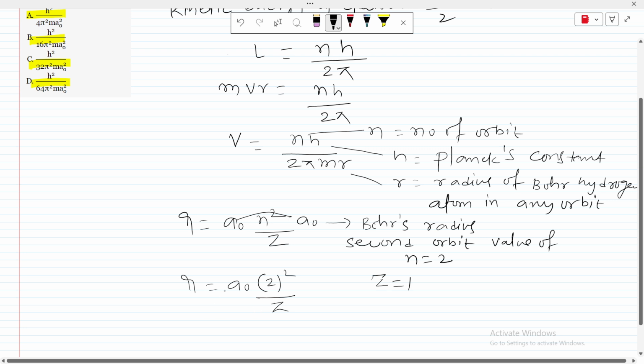If we put the value of r in this equation 1, v equals n h upon 2 pi m r.